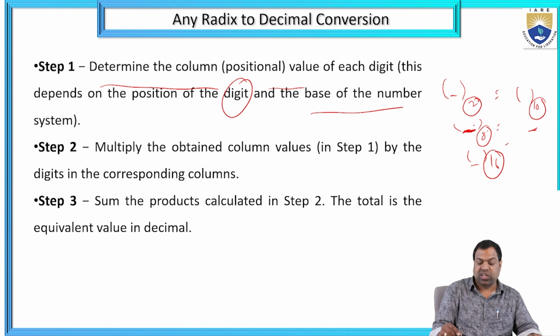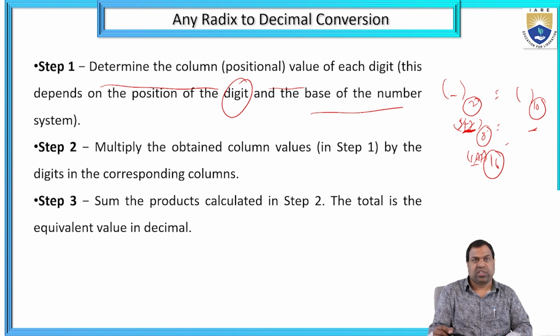The values here are 547 and 1AF, and these values we multiply with the base value. Then sum the products calculated: after multiplying with the base value, we add the values as per step 2, and the total is the final value in decimal.